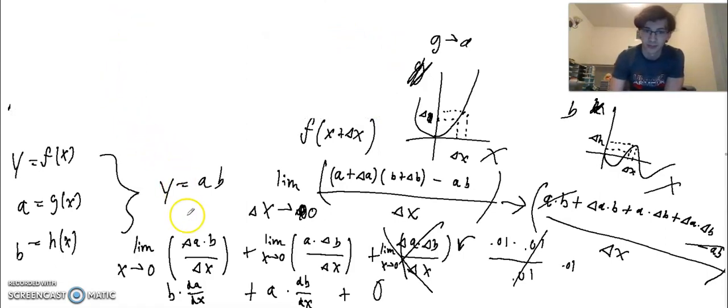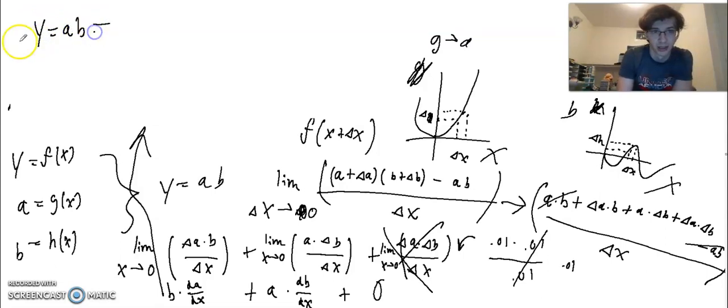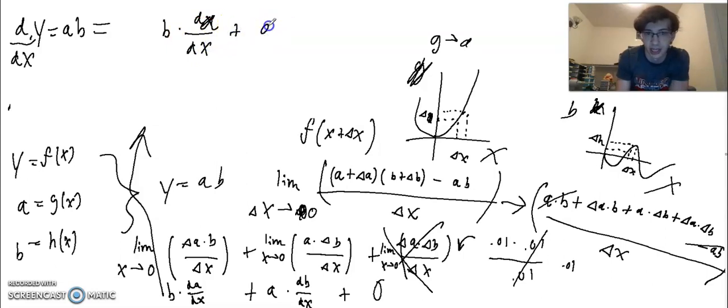But yeah, let's just move this back up. So the derivative of y equals ab is just b times dA dx plus a times dB dx.